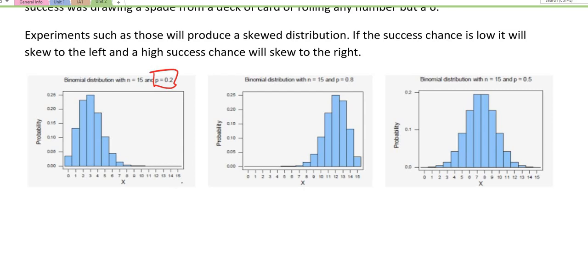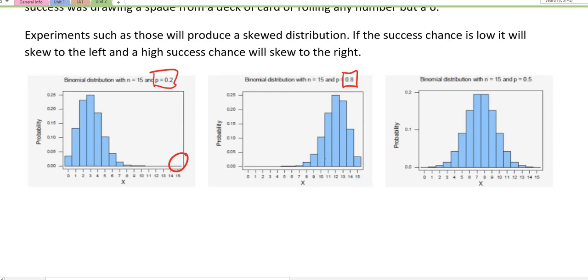If you do 15 trials with a 20% chance of success, would you expect there to be a likelihood of getting 15 out of 15? Theoretically it's possible, but it would be very, very low. Well under 1% chance.